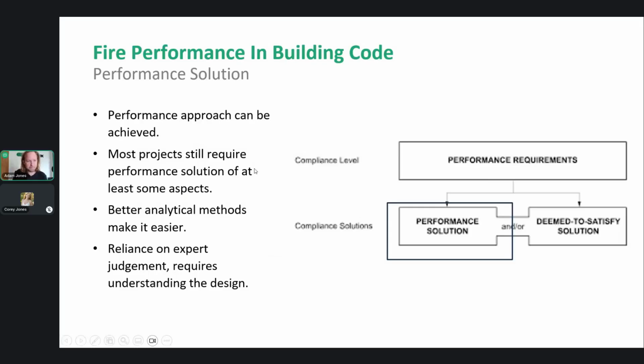So the most important thing is to have better analytical methods and to make them available and easier for engineers to use. And the other point is, every time you go to a performance solution, you are relying on expert judgment.